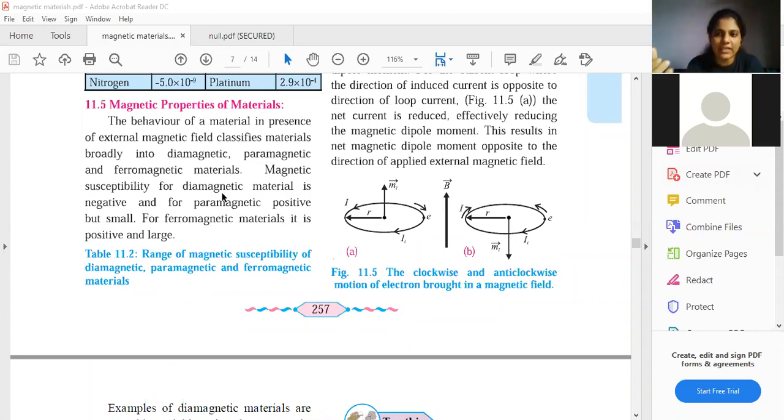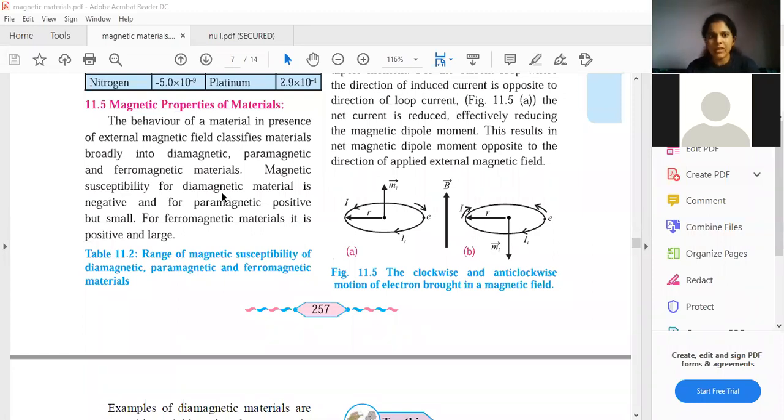So if you want to identify what type of material it is, you have to keep that material in an external magnetic field. And when you do that, certain things happen, which is what we will be studying ahead, through which you can identify which type of material it is.